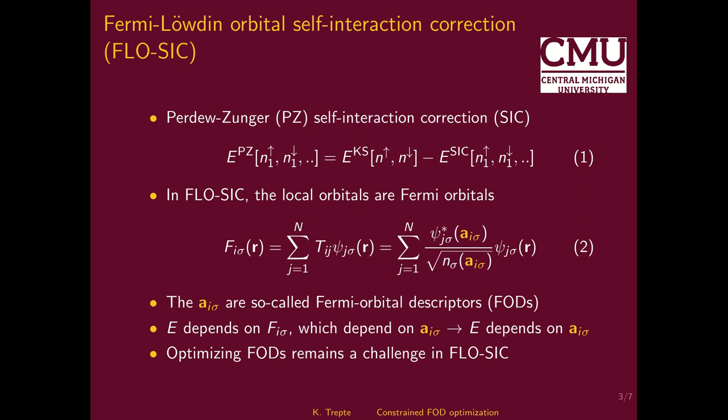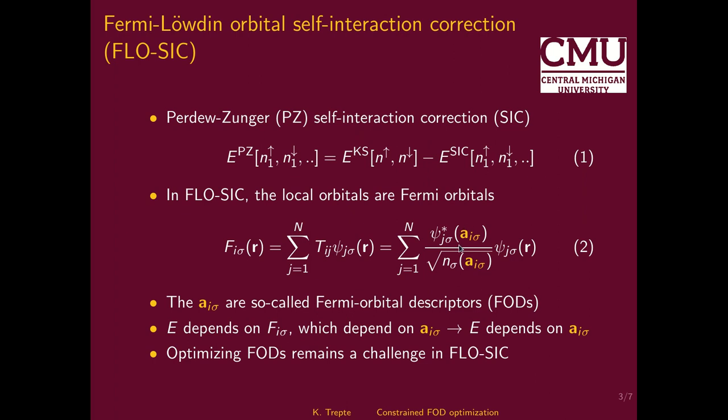Now in FLO-SIC, the local orbitals that we're using for these localized one-electron densities are Fermi orbitals. And the general construction of the Fermi orbitals is given here, given by a transformation from the set of Kohn-Sham orbitals into a set of Fermi orbitals.